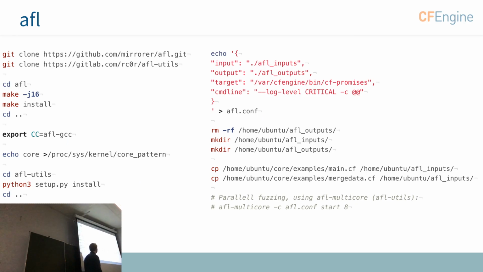So typically, I run multi-core here with 8 fuzzers. It's very simple. You just copy over some examples into the inputs, and then it gives you an output folder with the files that cause a crash, with the policy file that causes the agent to crash.